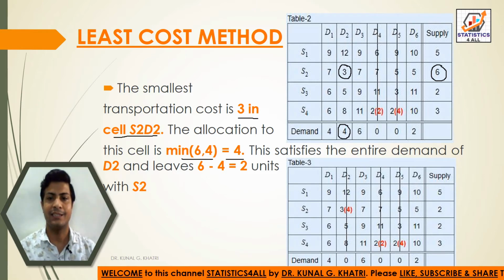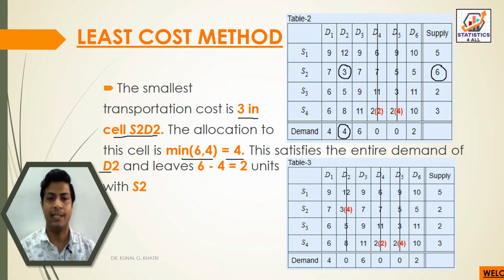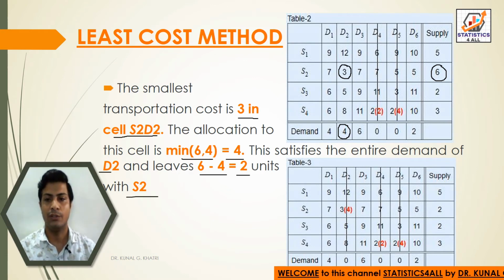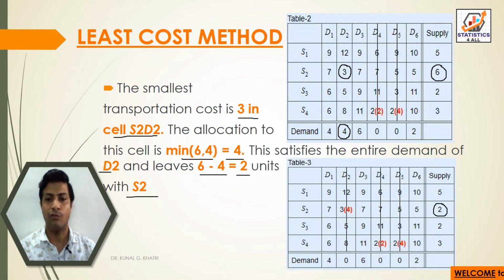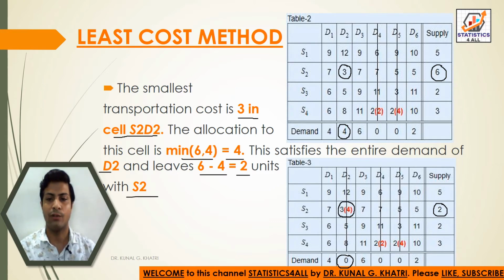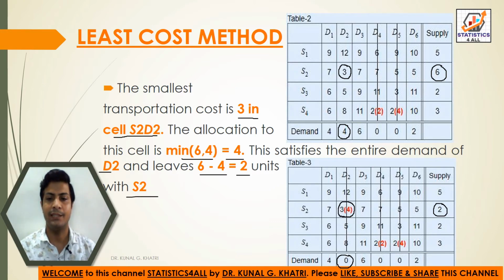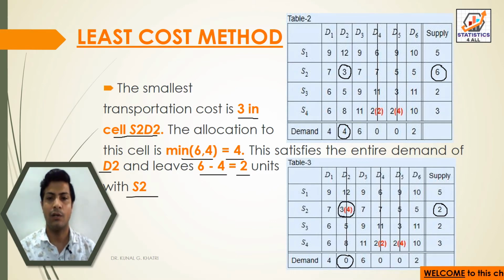Now this satisfies the entire demand of D2 and leaves 6 minus 4, that is equal to 2 units with S2. Now in table number 3, 6 minus 4 gives the value 2, and 4 minus 4 is 0. As we allocate 4 in S2D2, that is second row second column, the demand is 0, so we cut the second column.